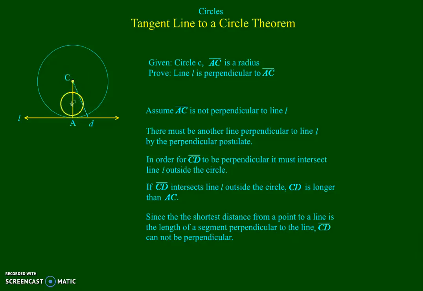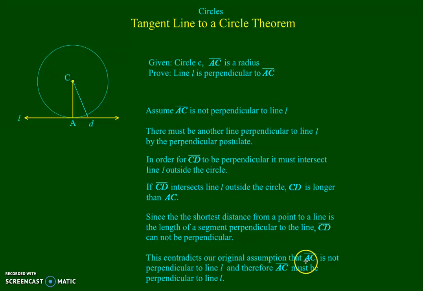And so we have just shown that our original hypothesis has to be false. And this contradicts our original assumption that AC is not perpendicular to line L, and therefore AC must be perpendicular to line L. So indirect proofs are a little strange at first, but as you can see, they accomplish the task if done properly.